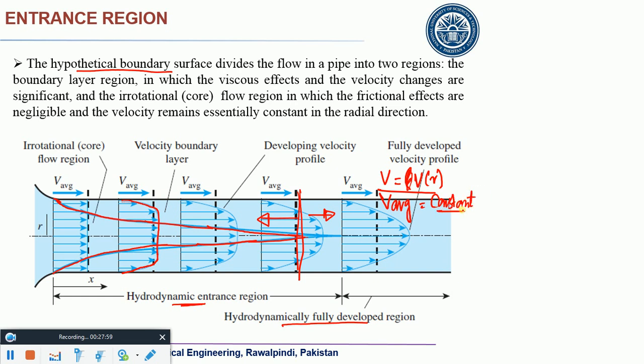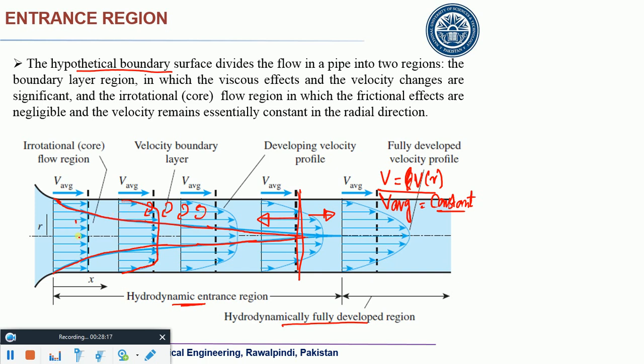Now, inside this boundary layer, you may find eddies due to the viscous effects. Why? Because you may have turbulent boundary layers depending on the Reynolds number.